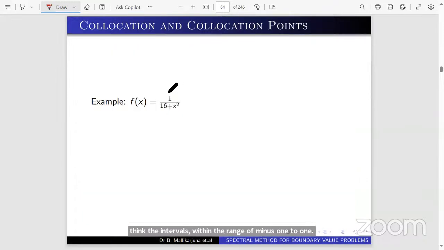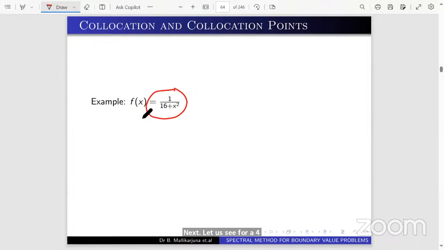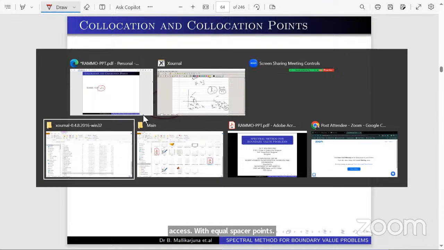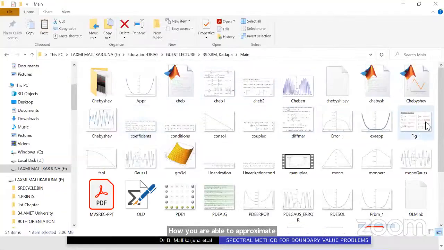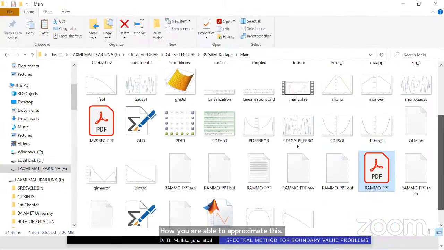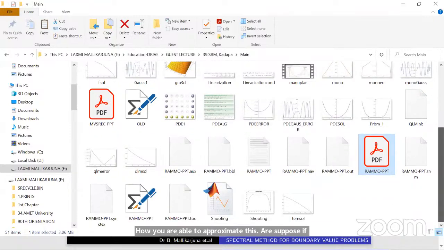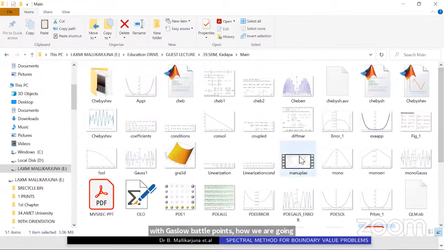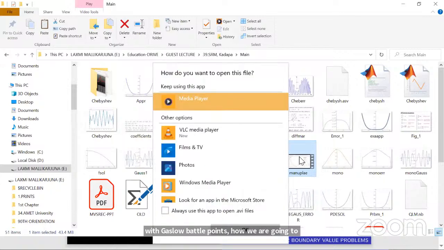Next, let us see f of x is equal to 1 by 16 plus x square. With equispaced points, how are you able to approximate this? Or with Gauss-Lobato points, how are we going to approximate it?